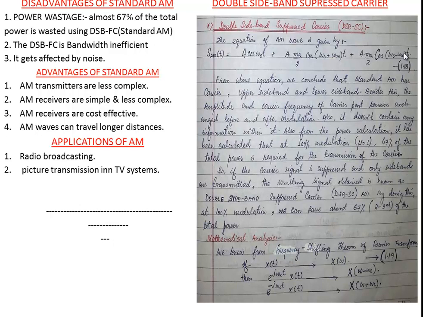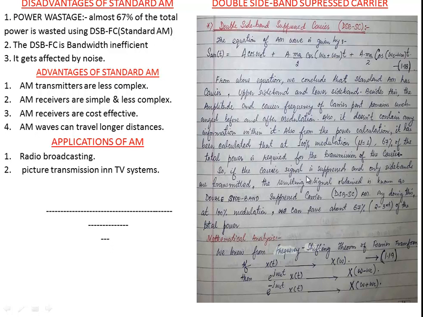Besides this, the amplitude and frequency of the carrier part remain unchanged before and after modulation. Also, it does not contain any sort of information within it. From the power calculation, at 100% modulation, that is μ = 1, 67% of the total power is required for transmission of the carrier.